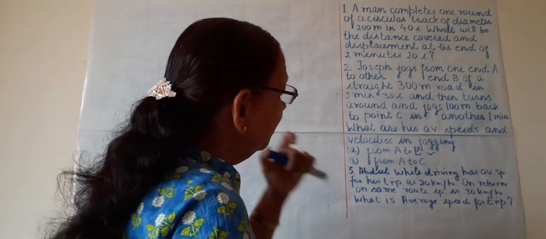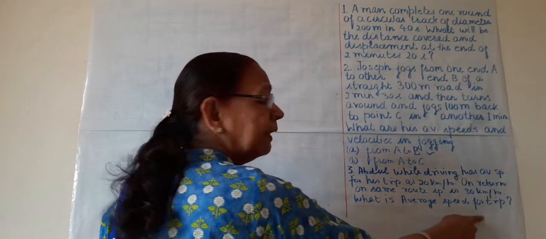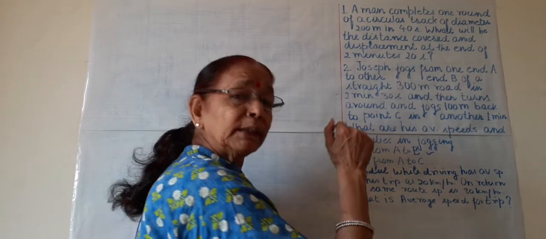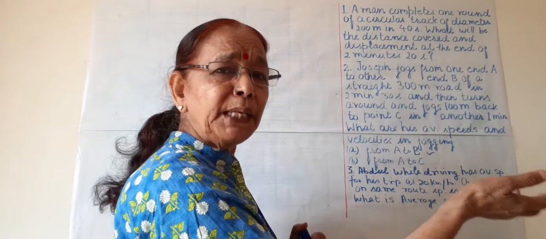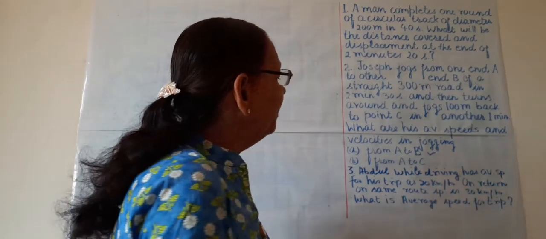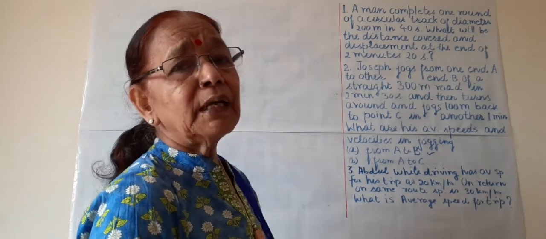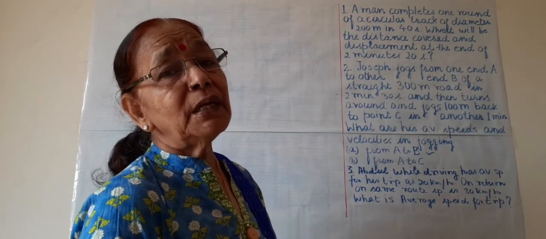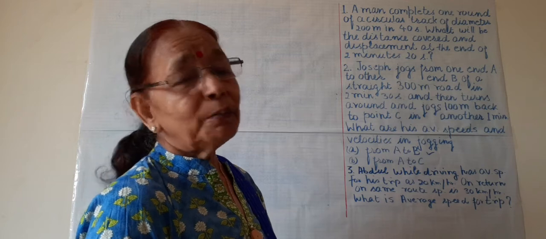So we add up both and divide by 2 to take the mean, 20 plus 30, 50 divided by 2, and it will come to 25.